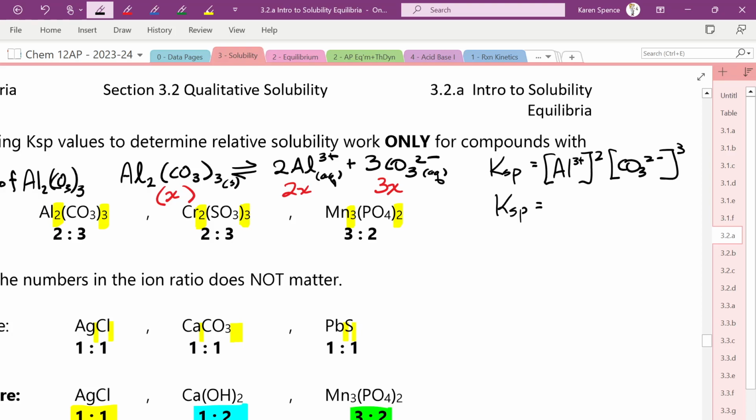KSP is equal to Al3+ is 2X, and we're going to square it, and CO3 2- is 3X, and we're going to cube it. And so KSP for something like this is going to be 4 times 27, which I believe is 108.